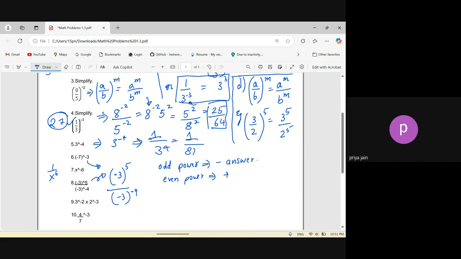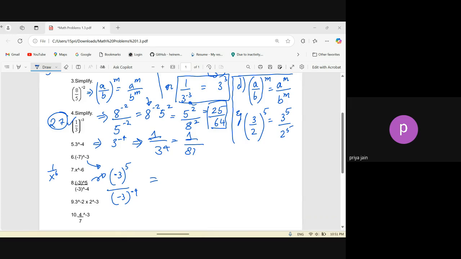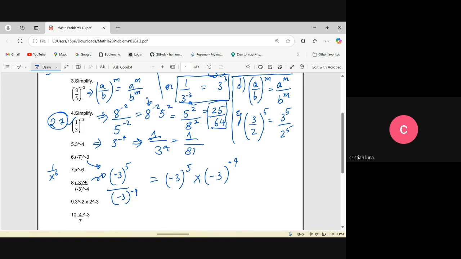Here, I would always solve a negative power first. So I would bring the negative power to the top. So now this will be plus 4. It's going to be positive 4.